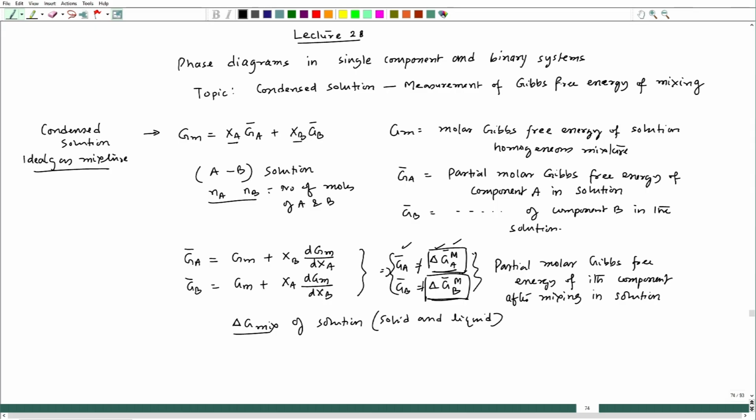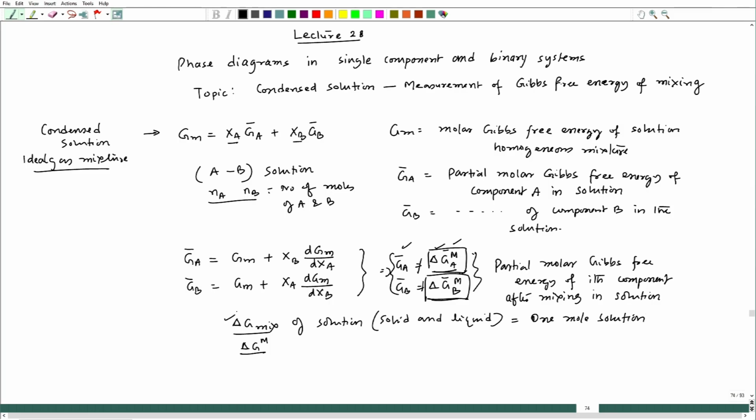That should be our purpose. This mixing quantity is sometimes also written as molar mixing quantity, and remember this is for 1 mole of solution.